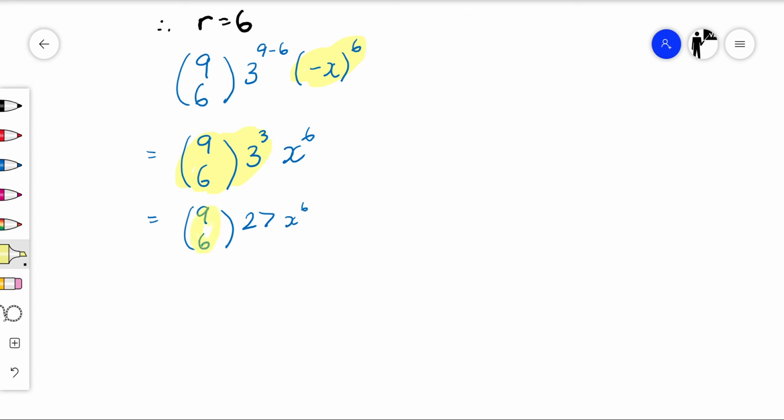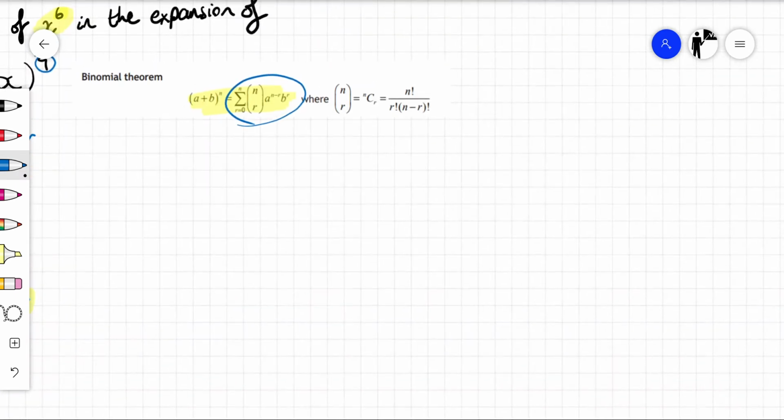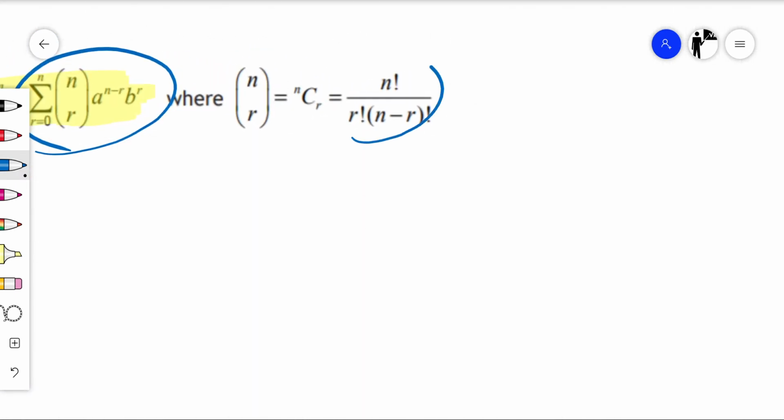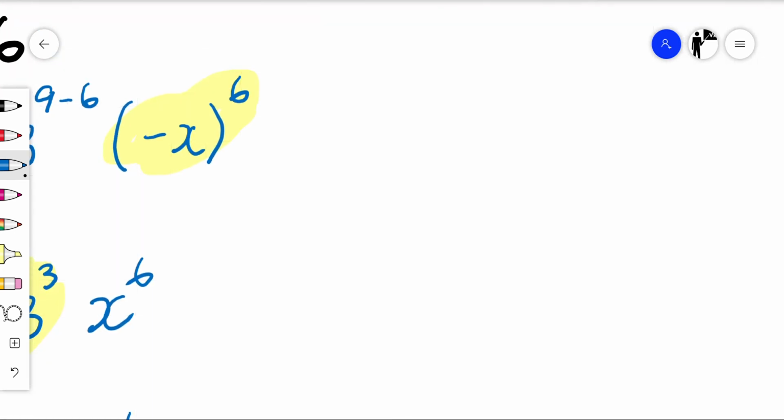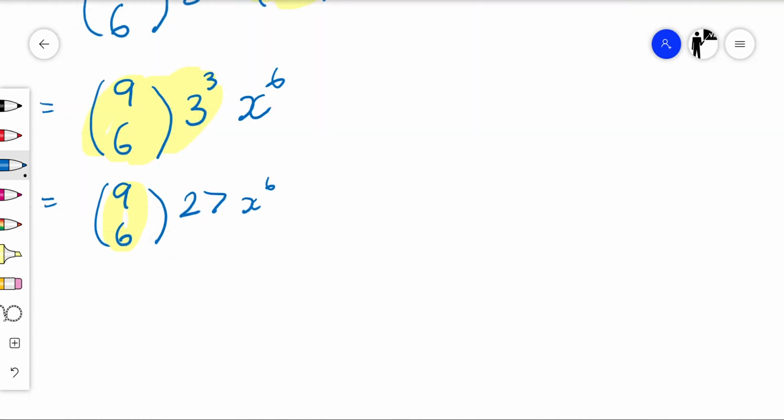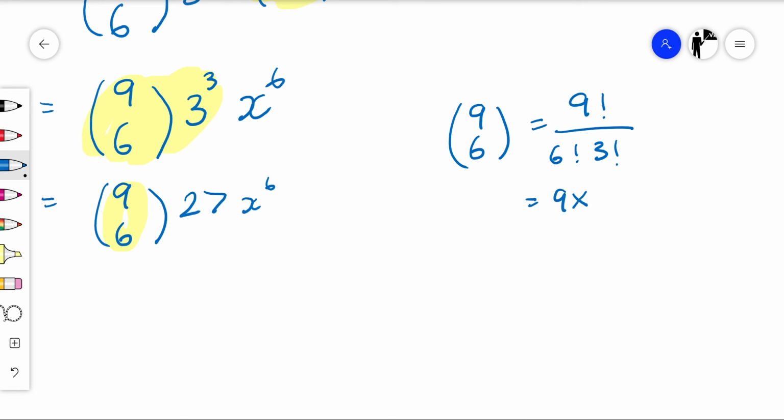For this, we could go to the 9th row of Pascal's triangle, but because that'd be quite a lot of work, I'm probably just going to use my formula list here, where it's n factorial over r factorial, n minus r factorial. Okay, so I'll just do this at the side here. 9 choose 6, well, that's going to be 9 factorial over 6 factorial, 3 factorial. We can rewrite 9 factorial, and we can simplify our 6 factorials.